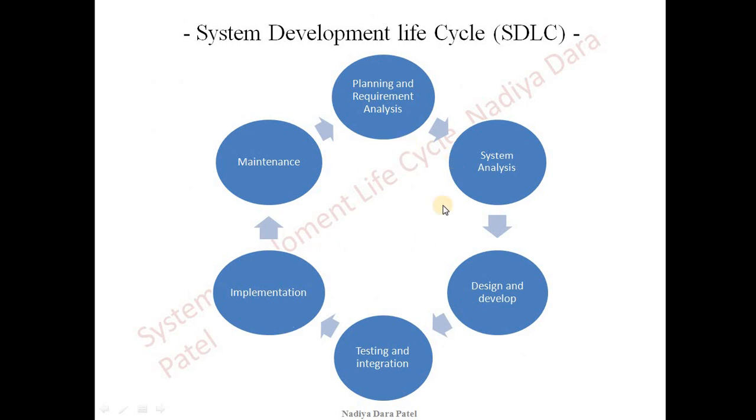So this is the diagram of the system development life cycle, and following are the phases of SDLC. The first phase is planning and requirement analysis. Once you perform this phase and feel that you have satisfactorily completed it, you go down to the next phase, which is system analysis.